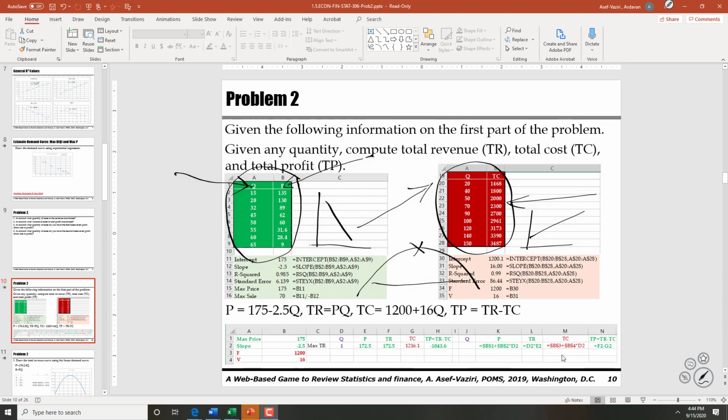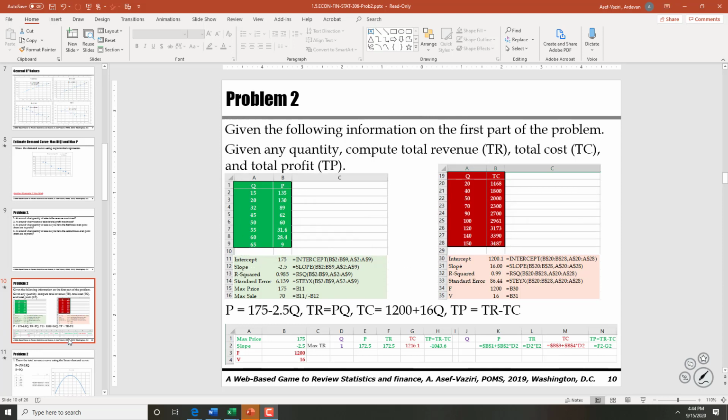Therefore, besides the point that maximizes the profit, I also find two break-even points. One of them is on the left and one of them is on the right of the point that maximizes the profit. So we implement very basic concepts, but I think we can get neat observations.